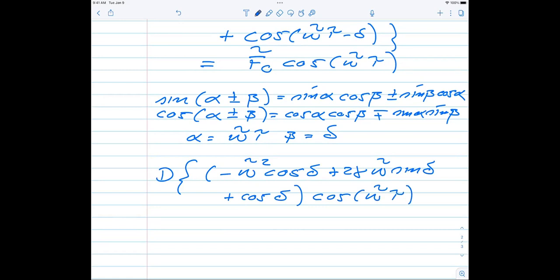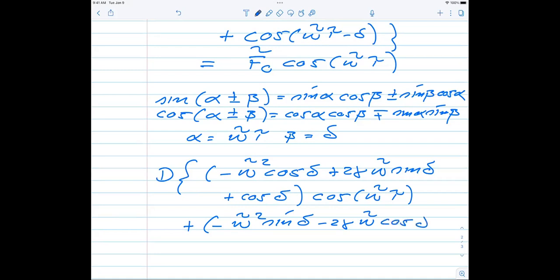And then I get a sine term, which comes in addition. So I get a plus, and then I have a minus omega tilde squared times sine of delta, and then a minus 2 times gamma. I have to be careful with the signs because I'm using the trigonometric relations for the sines and cosines.